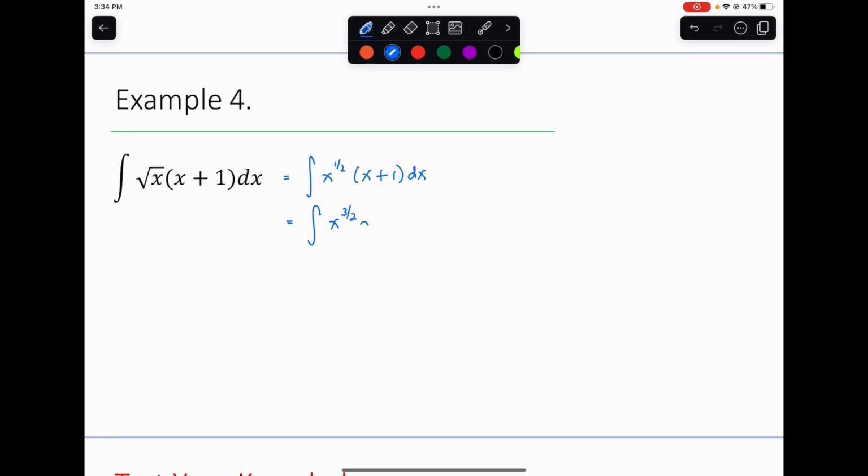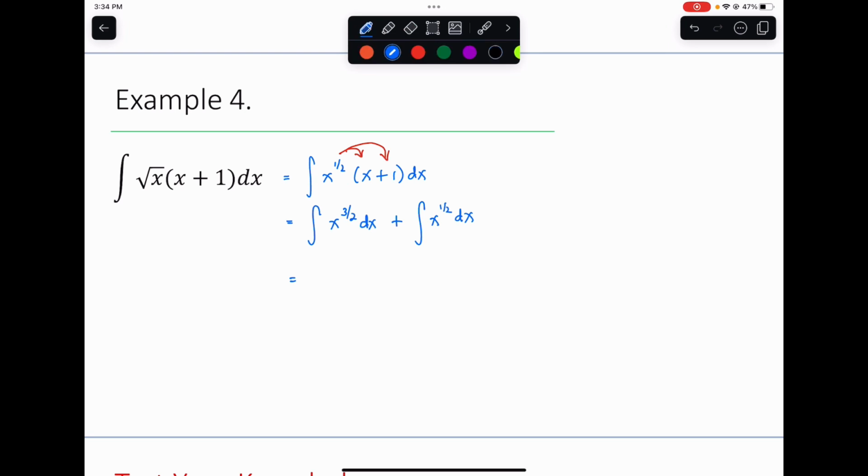So x raised to 3/2 dx, and the first one we distribute, the second one we distribute to 1, which is the integral of x raised to 1/2 dx. So the integral of x raised to 3/2 dx plus x raised to 1/2 dx. Just like what I mentioned a while ago, if we have a rational exponent, we add the numerator and denominator.